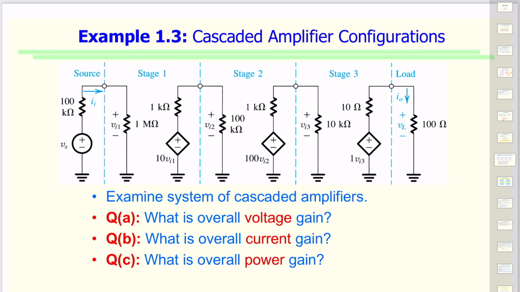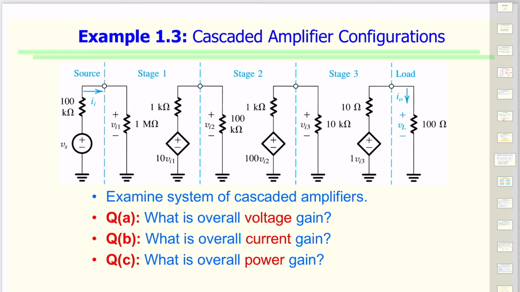Now in this case we can again calculate the gains from the different amplifiers, and we can find the overall voltage gain, overall current gain, and subsequently overall power gain from all three cases. That's an example which is given in the book, so I will not go through that, but I will make a few comments.